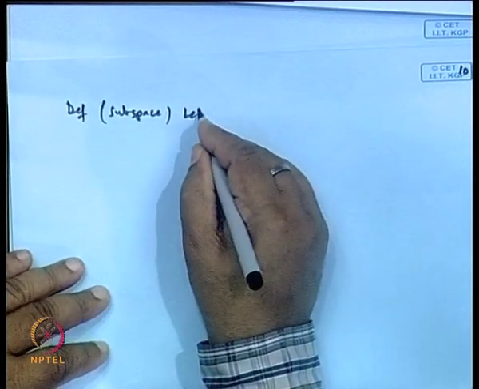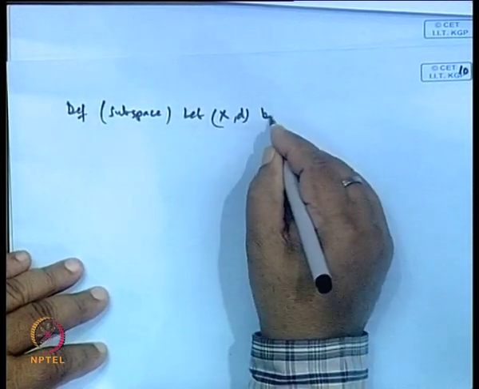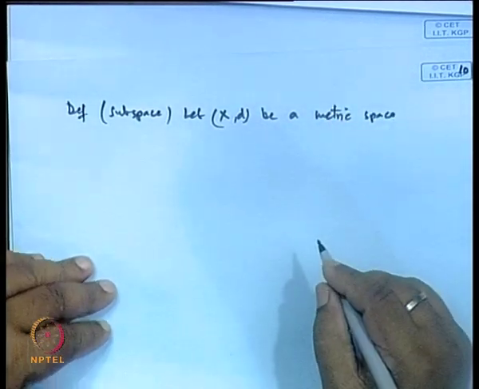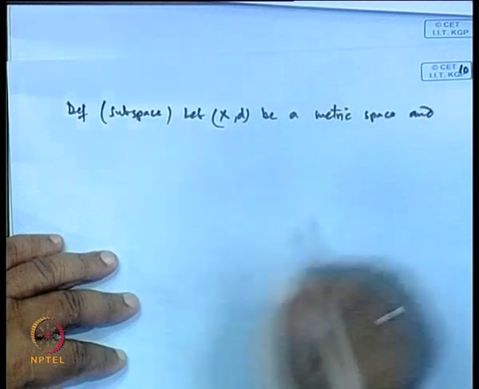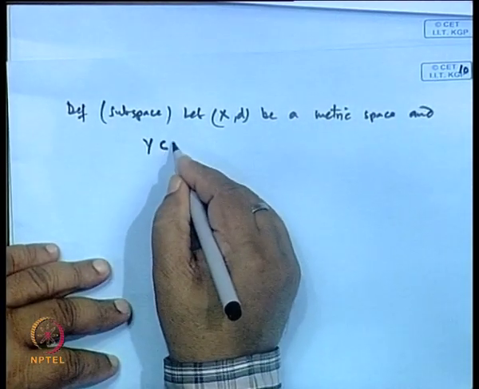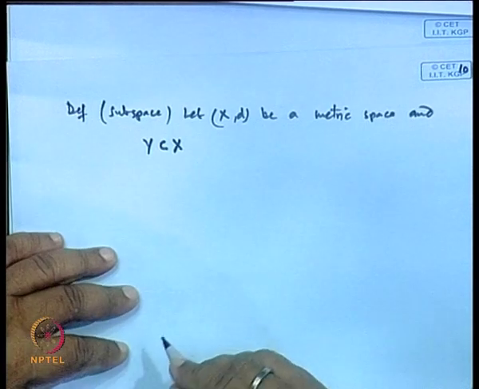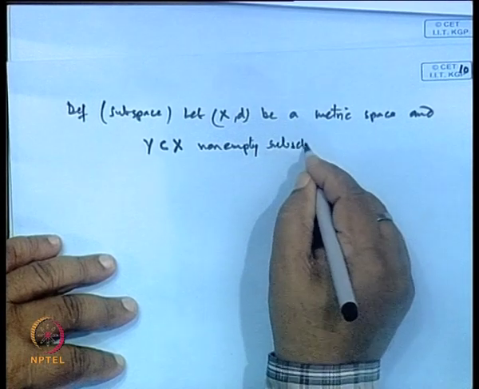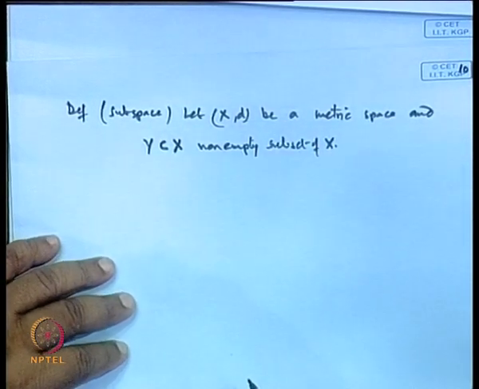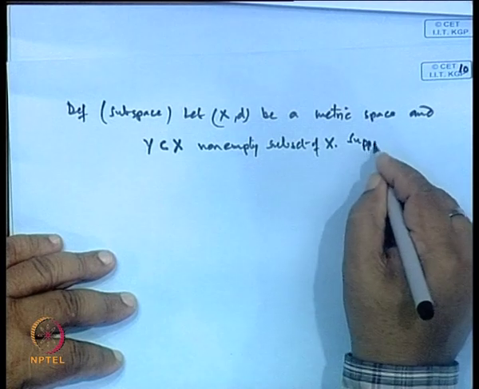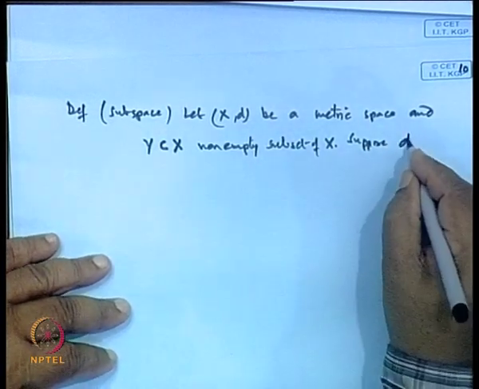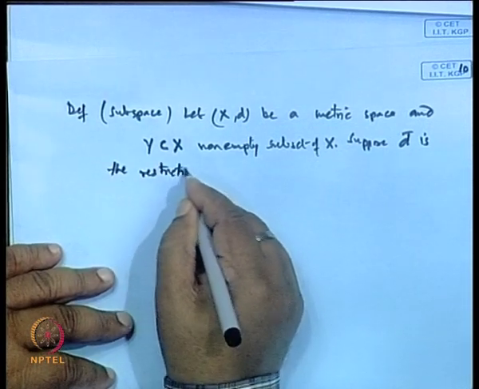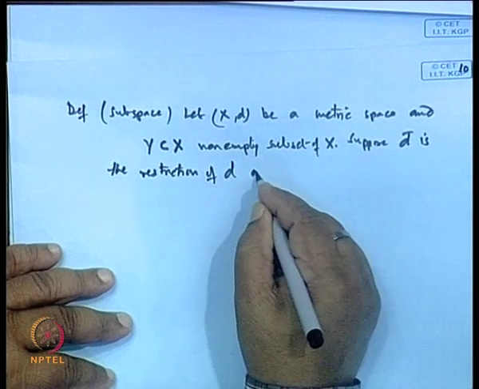Let x, d be a metric space, and y is a non-empty subset of x, and suppose d bar is the restriction of d on y cross y.